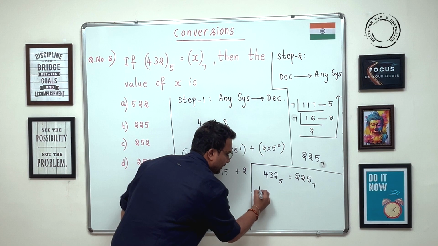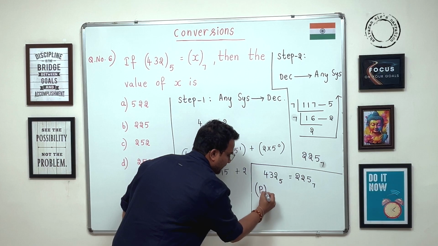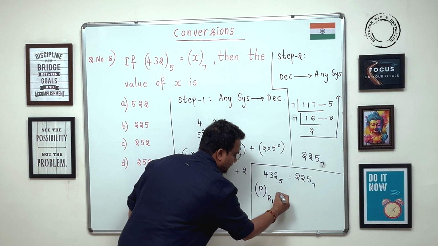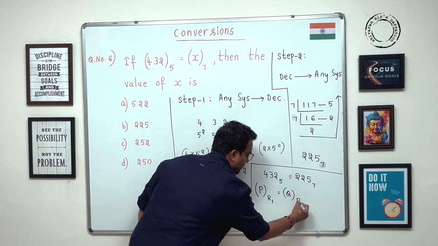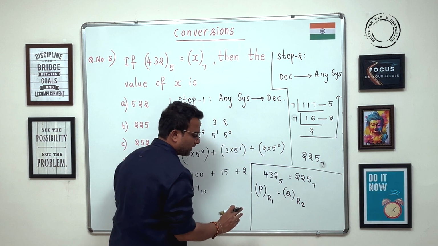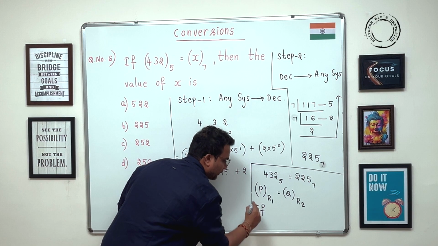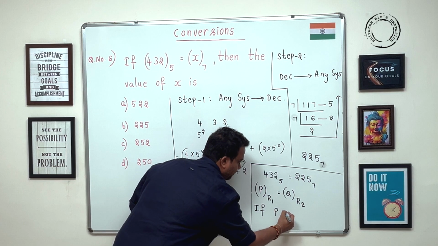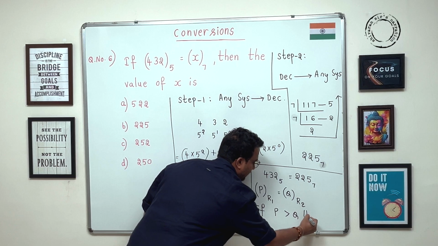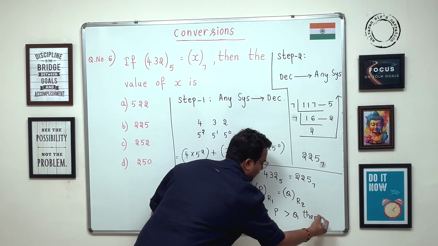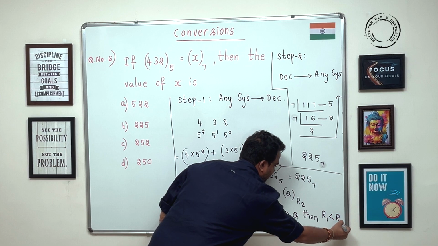That means if P base R1 is equal to Q base R2, we can identify one point: if P is greater than Q, then definitely R1 is less than R2.